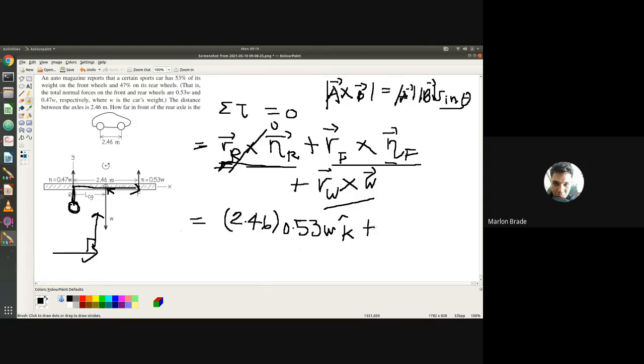Somewhere in between, but not necessarily equidistant, not necessarily in the middle. Look, the front is heavier than the rear. If the front and rear wheels had equal weight, then you could say it is probably in the middle. But look, 0.53, and the other is 0.47. So it is not in the middle. Somewhere in between. We don't know how much. In our figure, we call it LCG.